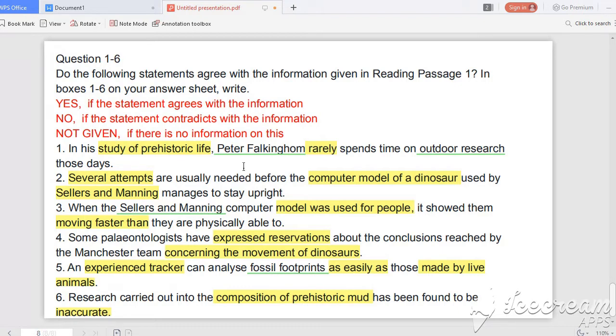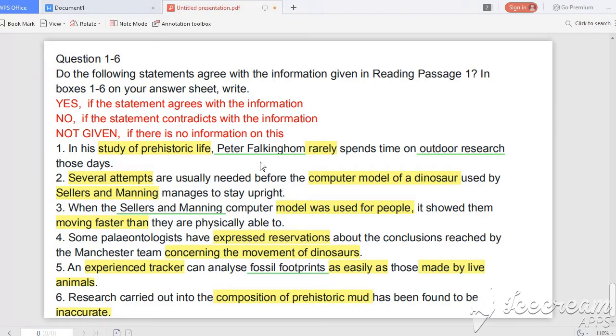So we can easily find the location if we look for this word. Then there is the phrase outdoor research. It's also a keyword because it's not any other research, it's outdoor research, and we need to look for the qualifying word, and rarely is a qualifying word. So I hope you understand question number one.